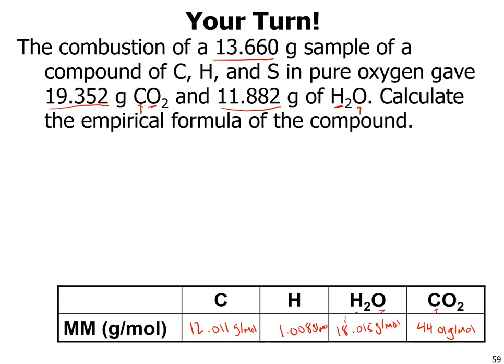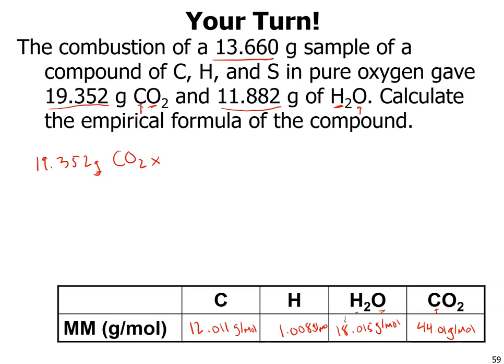The next step now is to determine how much of these samples are made up of just carbon and just hydrogen. And we're starting with the 19.352 grams of carbon dioxide. And that's the grams, but in order to get to an even amount, we have to go through moles because these have different masses. So we need to turn these grams into moles first.